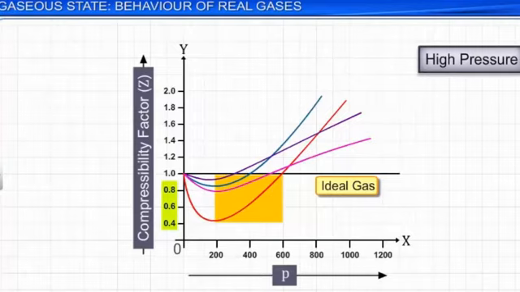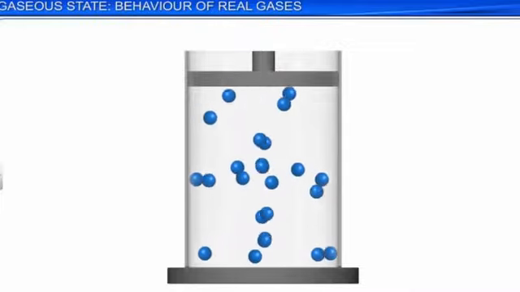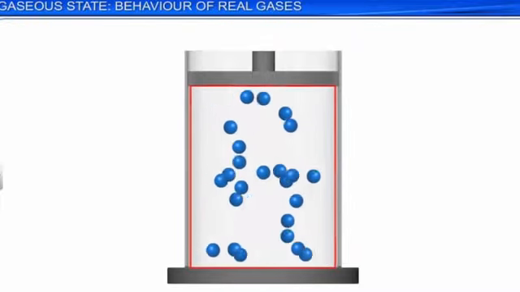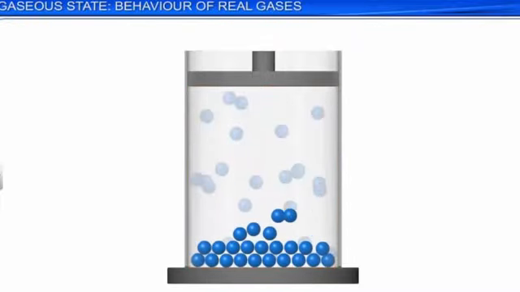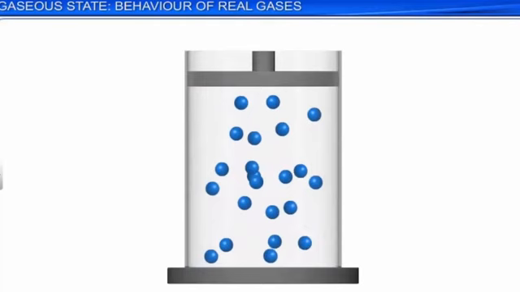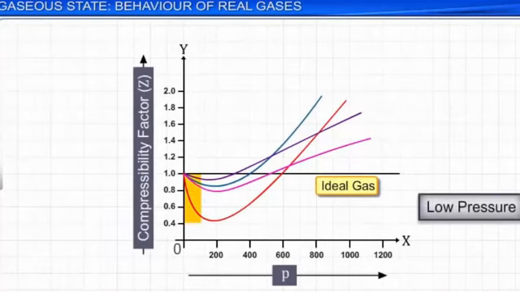Thus, we can conclude that real gases show ideal behavior when the volume occupied by them is so large that the volume of the molecules can be neglected in comparison to it, ideally when the pressure is very low. The magnitude of this low pressure varies for each gas as it depends on the nature of the gas and the temperature.